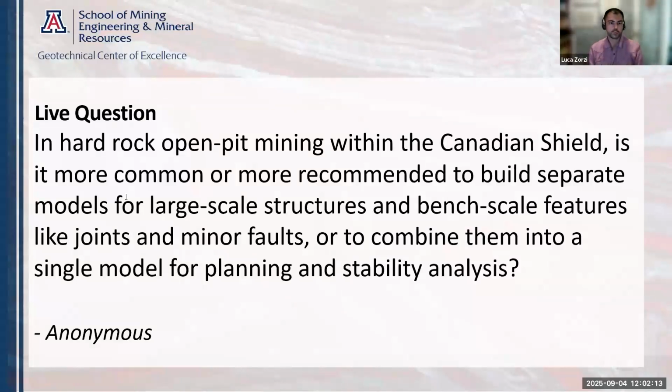It can tell a specific story, especially if we're talking about the Canadian Shield specifically, where sometimes it's your joints that are giving you much more headache than the structure. Sometimes you have large-scale structures that, for hydrogeological or stability purposes, are not conductive, and you have one single joint that is wreaking havoc on your hydrogeological system. So we try to combine into a single model to help whoever needs to use the model to get what they need for their specific scopes.